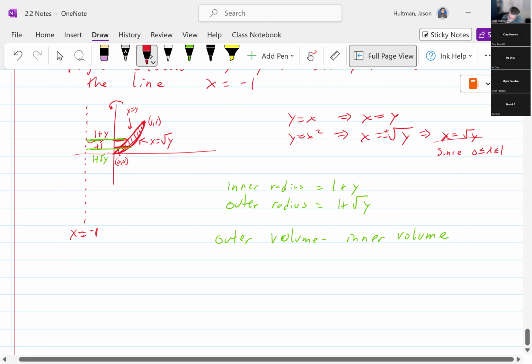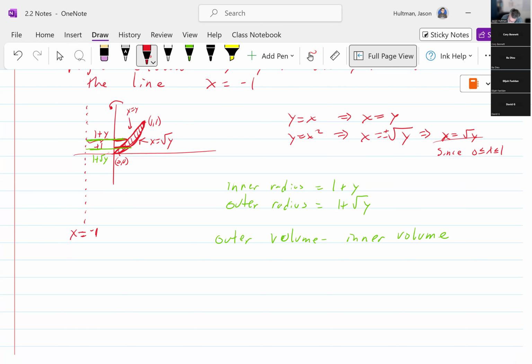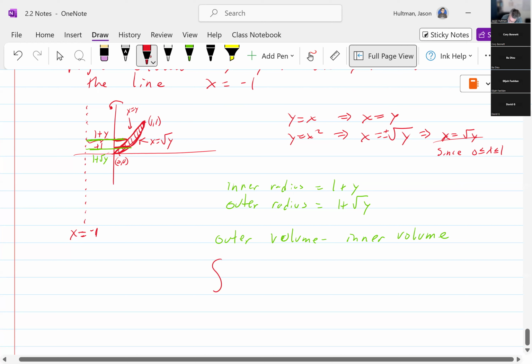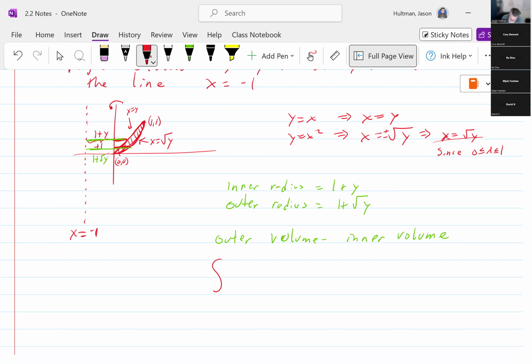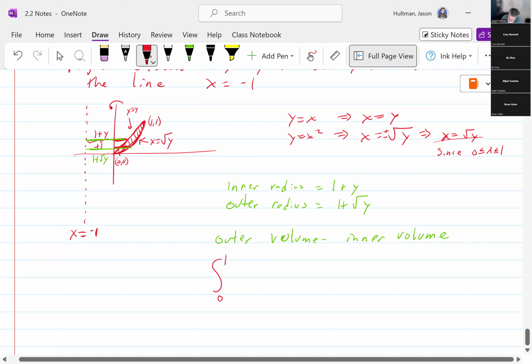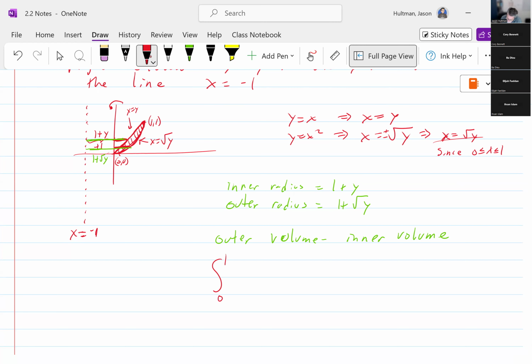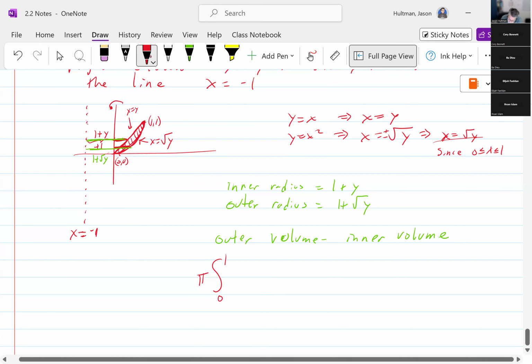So this is going to be the integral from, what are we integrating from? 0 to 1. I'll put the pi on the outside.